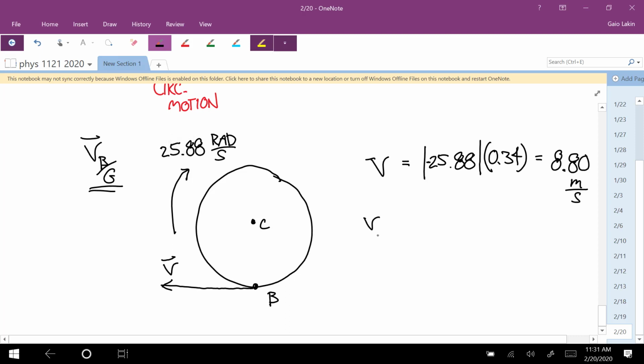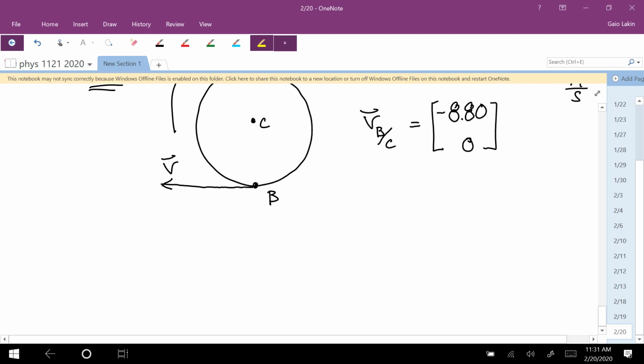But this time, that velocity is in the opposite direction. So the velocity of the bottom relative to the center is in the negative x direction. So this is negative 8.80. For the top, the velocity of the top relative to the center was positive 8.80.